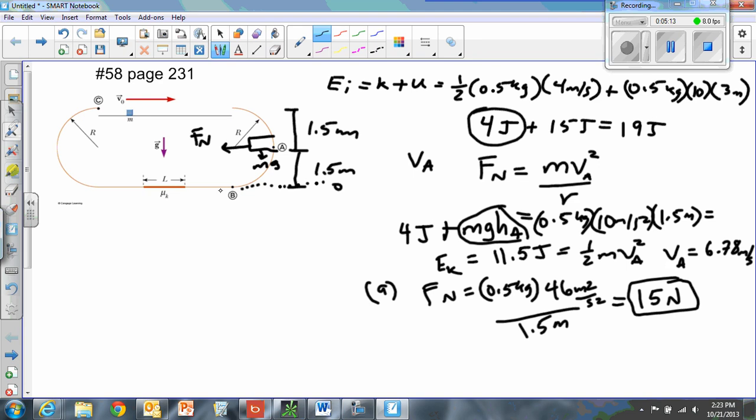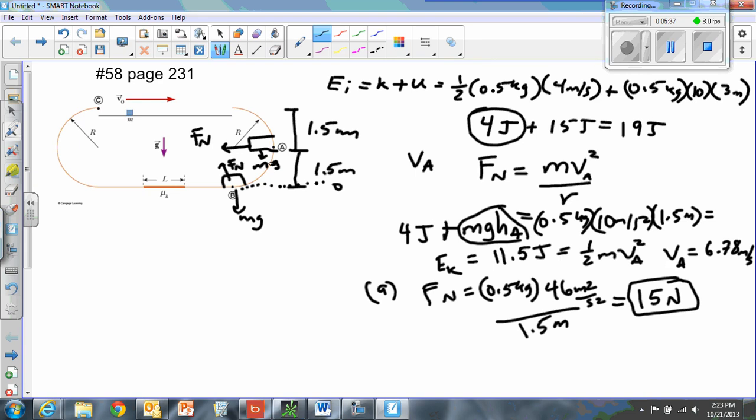The second part is to determine the forces on the track. So now I've got mg down, Fn up. So now I've got two forces.